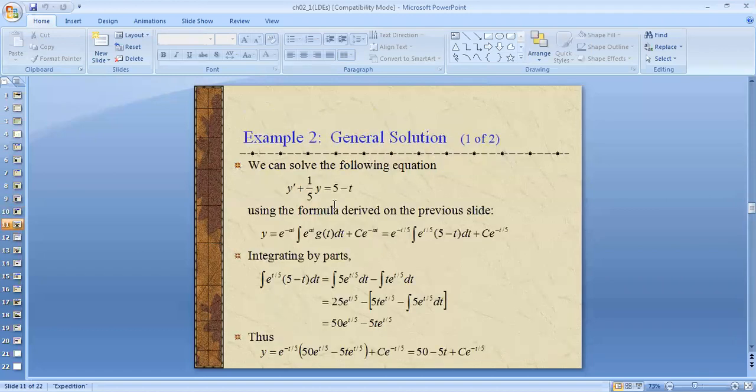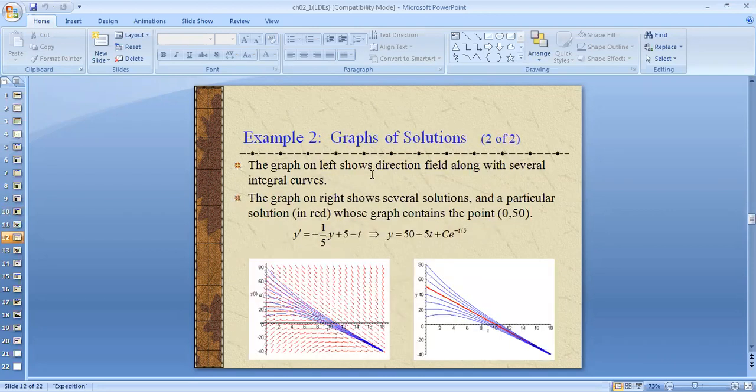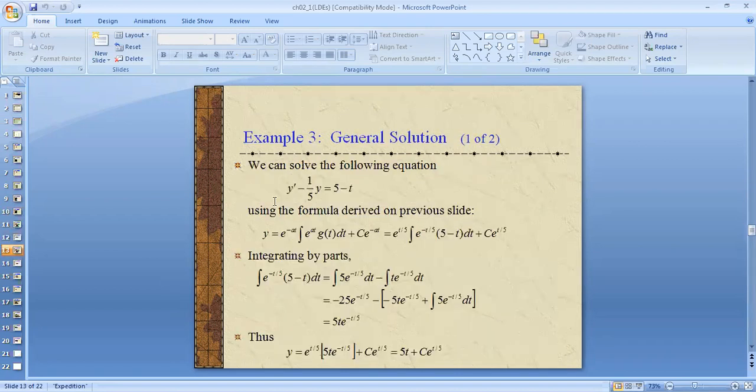Now the general solution. This is also a first order linear differential equation. A similar process can solve this also, and we can draw this solution by applying a programming method. This is also like the previous differential equation.